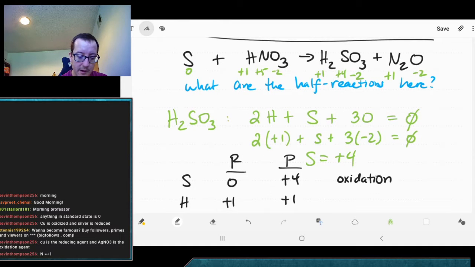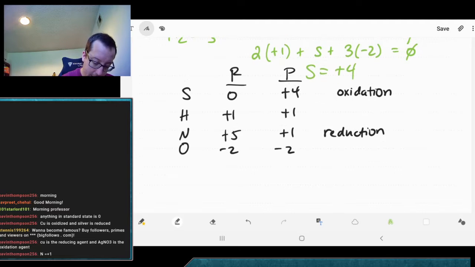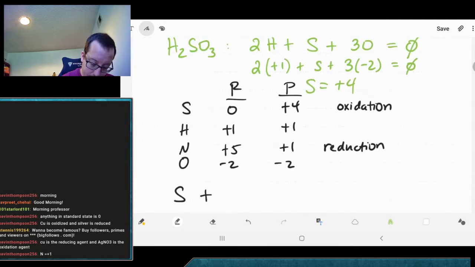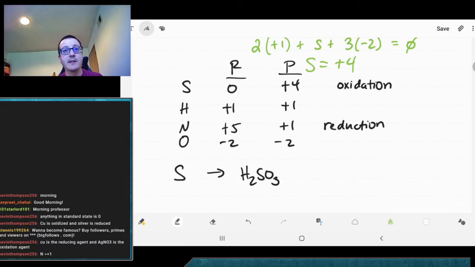If we're looking at the half reactions here, let's take our sulfur one and our nitrogen one separately. We're going from sulfur to sulfurous acid.